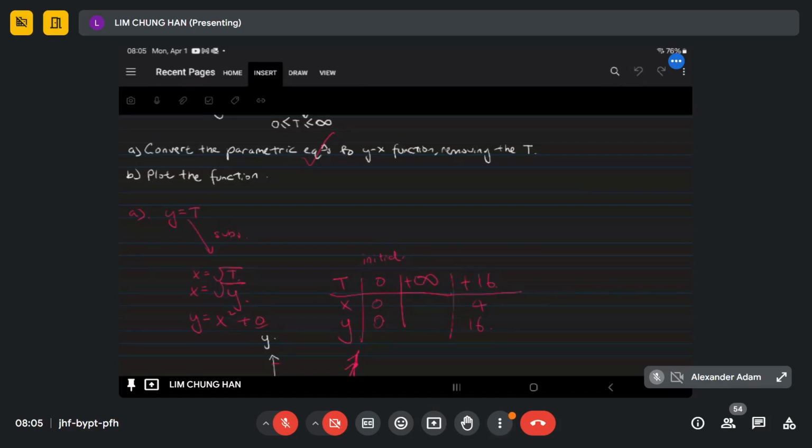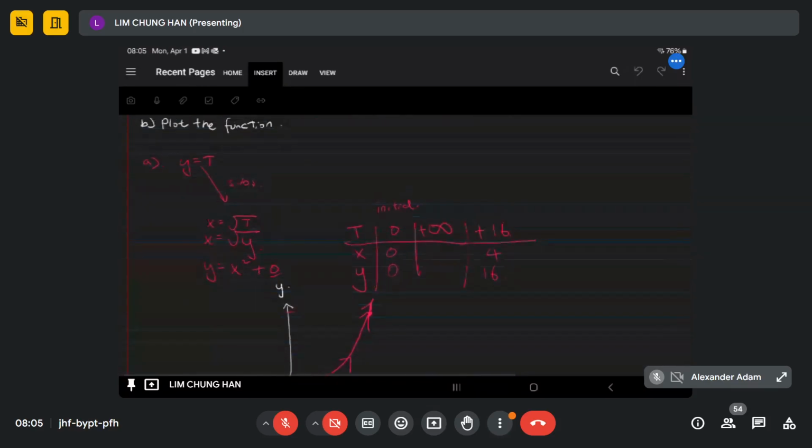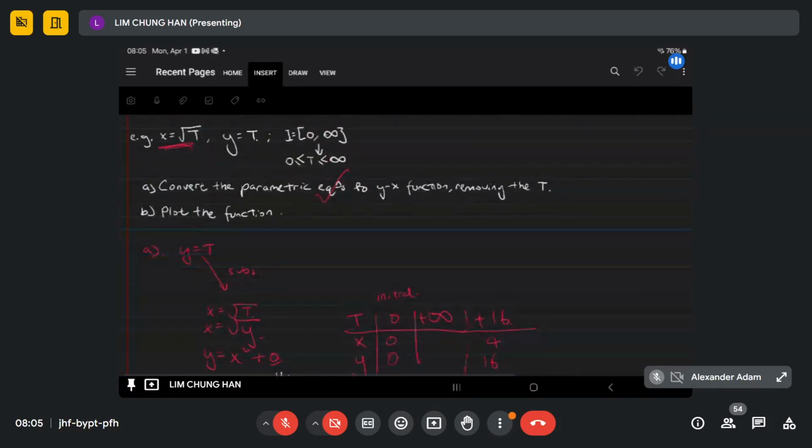Where did we stop? We stopped with the one with infinity. So we are going to go through a few more examples regarding parametric equations today.